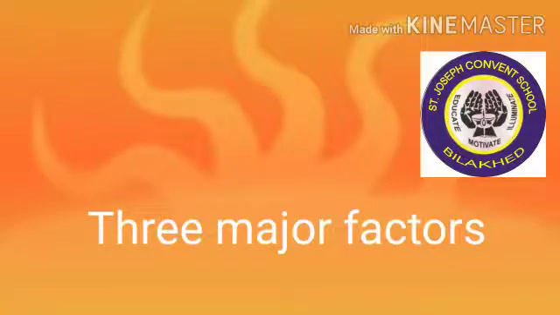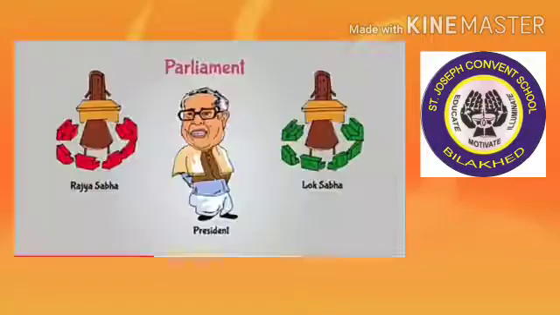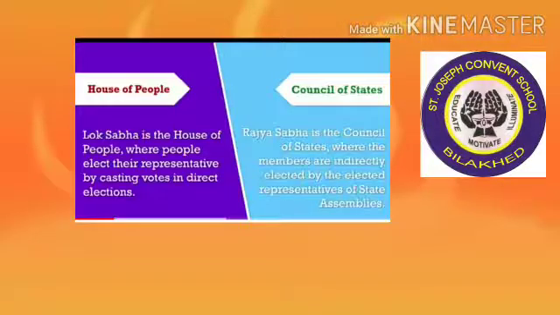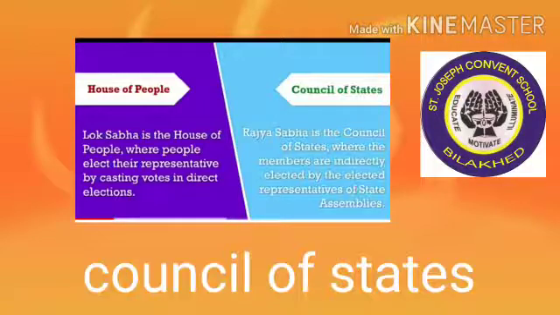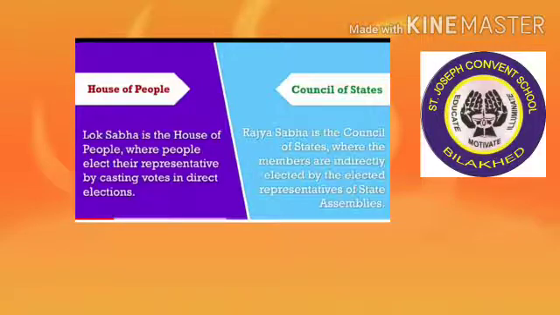In our country, this parliament consists of three major parts: the President, the Rajya Sabha, and the Lok Sabha. These two houses, Rajya Sabha is known as the Council of States or the upper house, and Lok Sabha is known as the House of the People and the lower house.